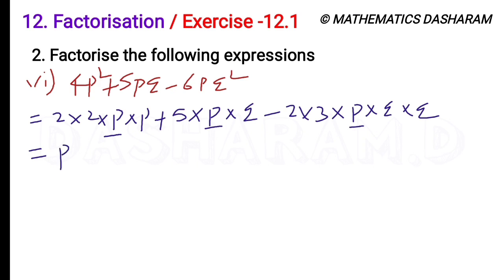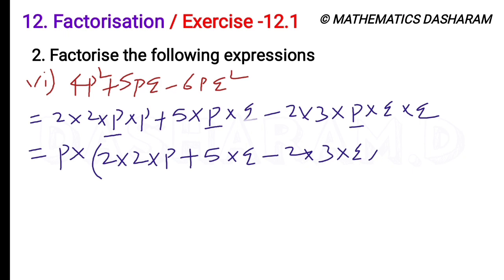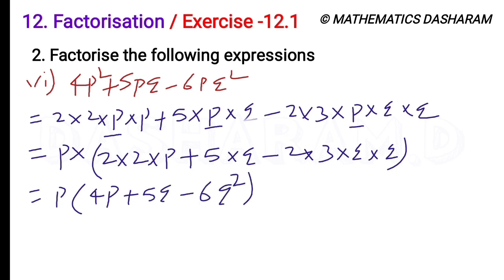Next q is common only in the last two, but not in the first. So overall only one term is common, that is p. Now bracket. So 2 into 2 into p are remaining. Here 5 into q remaining. Okay, here q is not common. Minus 2 into 3 into q into q. So p bracket of 2 2s are 4p plus 5q minus 2 3s are 6q into q, that is q square.